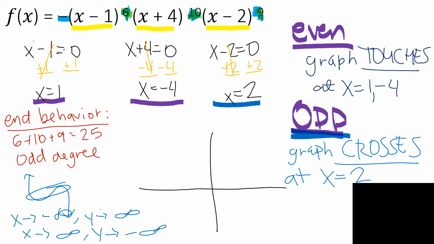I've got negative 4, negative 3, negative 2, negative 1, 1, 2, 3. And so my graph is going to be starting up here somewhere, and it's going to be pointing down here. My graph is going to touch at x equals negative 4, but not cross, so it'll just touch right there.